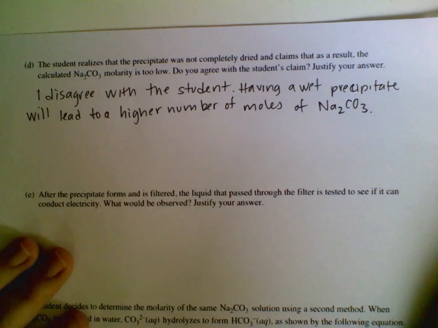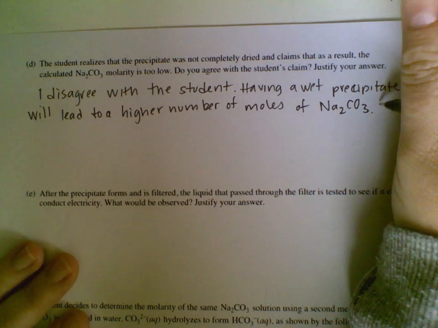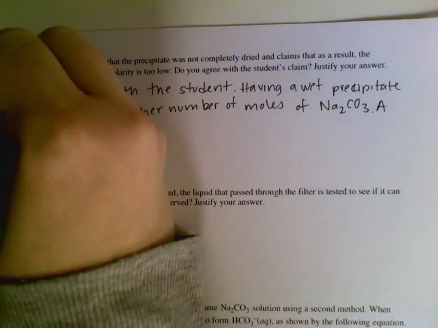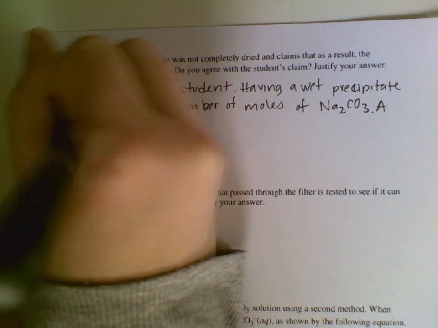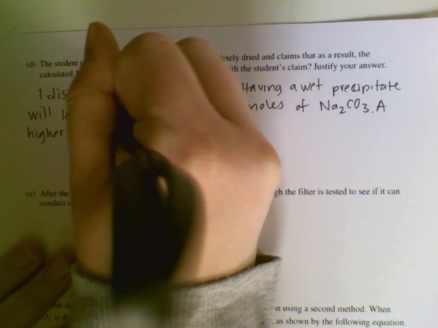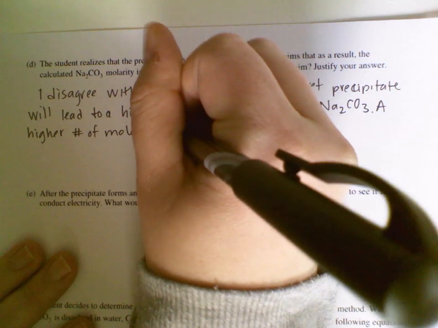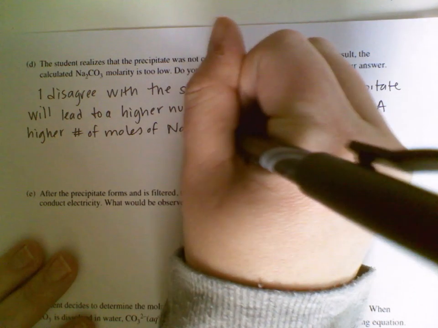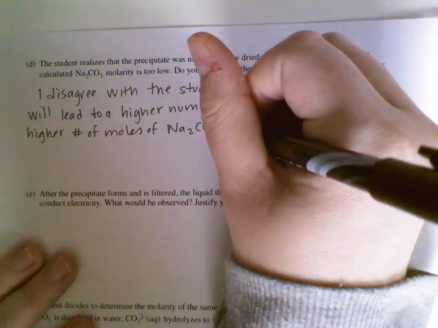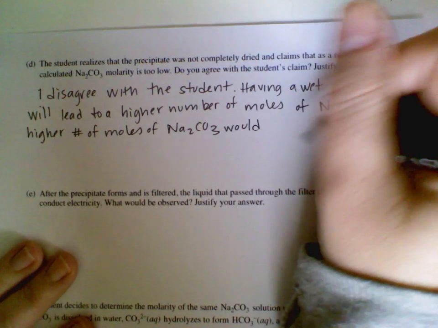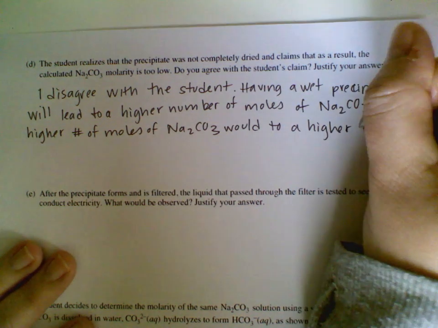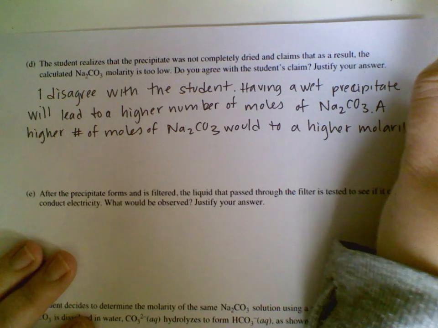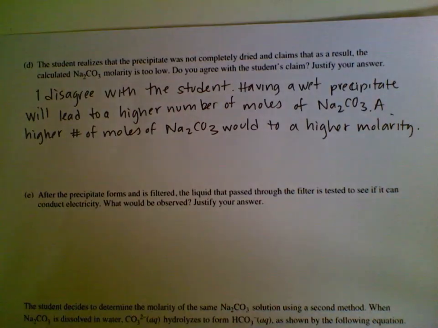So if you have a higher number of moles of Na2CO3, those would lead to a higher number for the molarity. All right, so that is D.